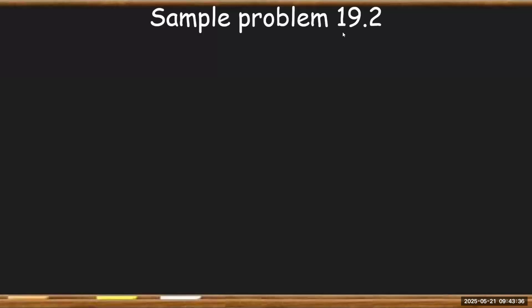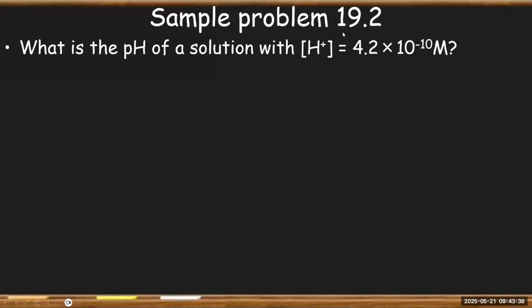All right. And let's do sample problem 19.2. Sample problem 19.2 says, what is the pH of a solution with an H plus concentration of this? Again, don't overthink it. The other thing is, if you don't understand the logic, just use a calculator. It's not worth sitting there trying to say, that makes no sense.